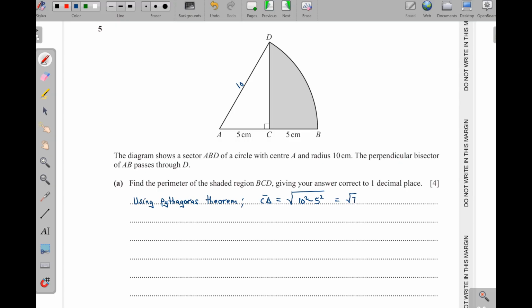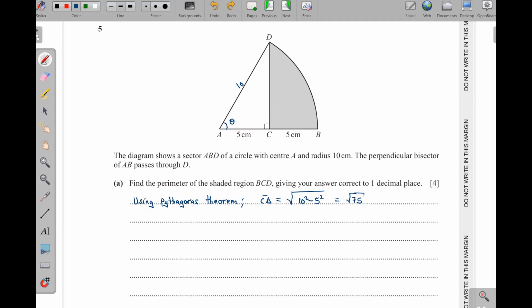So it is root of 75. Let me first leave it exact there. And then, what else do we need? We shall need this angle here to find the length of the arc, because it is r theta.